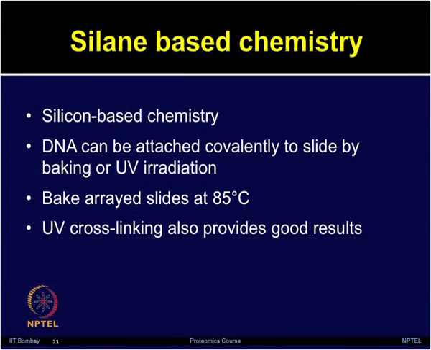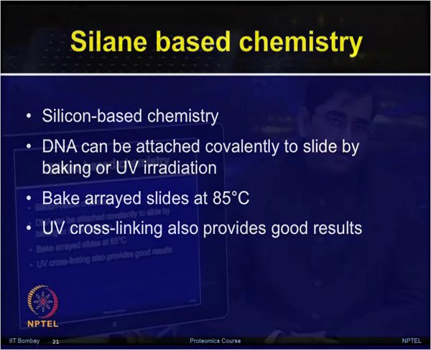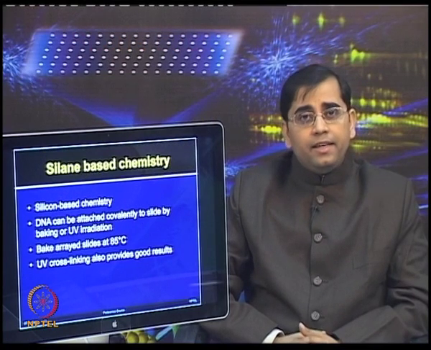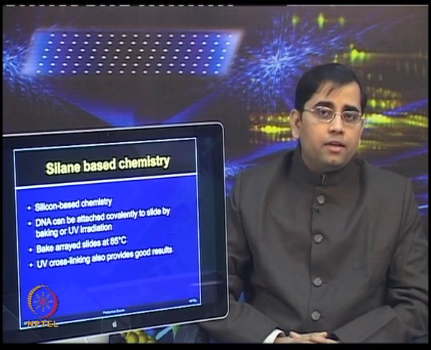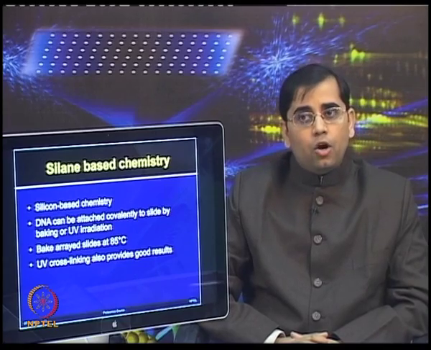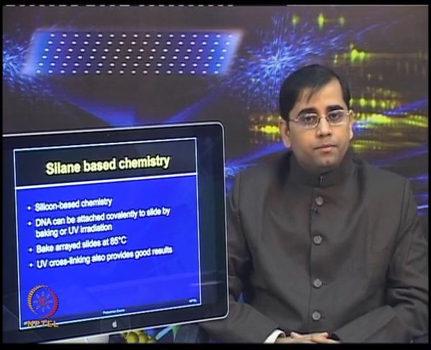We want to talk about printing the DNA on the chip surface for using cell-free expression based NAPPA protein microarrays. So, silicon based chemicals contain two types of groups, the inorganic groups such as alkoxy groups like methoxy or ethoxy, or organofunctional groups such as amino, epoxy, vinyl, etc. So, the DNA can be attached covalently on the glass surface by baking or UV irradiation.